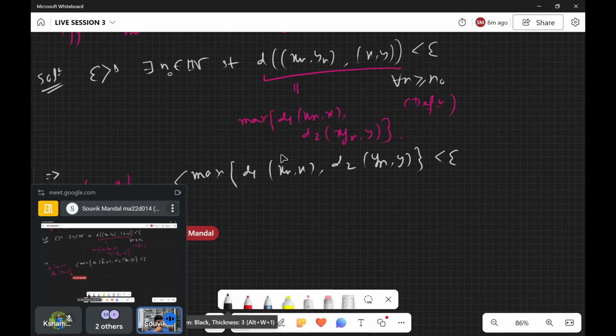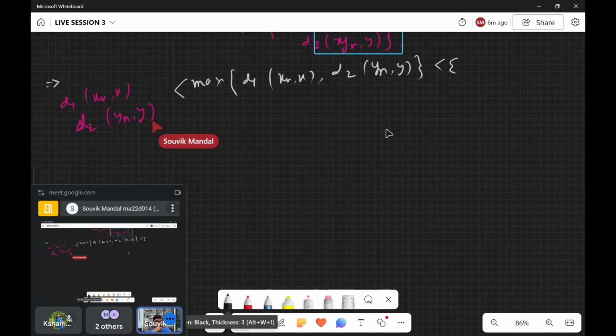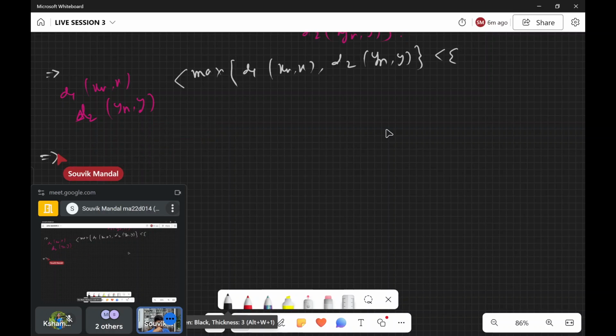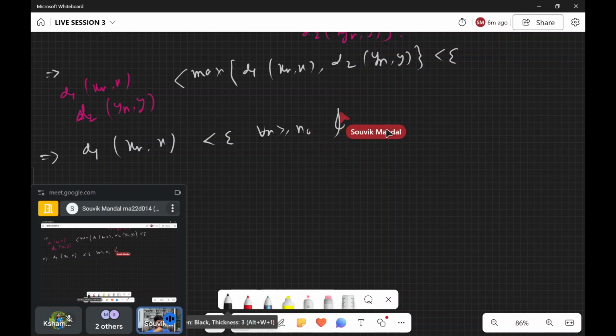So this implies d1 of (xn, x) is less than epsilon for all n greater than or equal to n naught, and also d2 of (yn, y) is less than epsilon for all n.